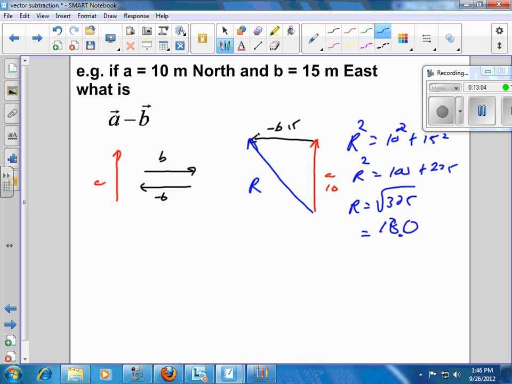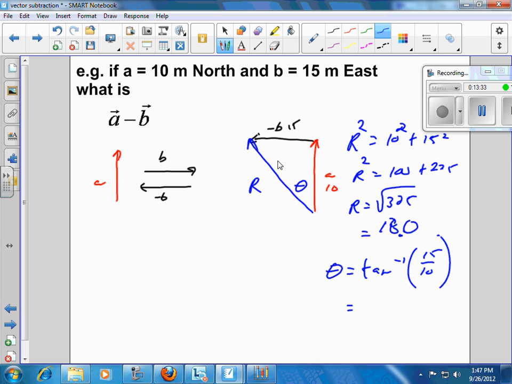So you need the direction. Where would I draw the theta? Would I draw it down at the bottom or would I draw it up at the top? The way you have it right now, right there. It's always where you start, right? Now it's a right triangle again, so I can use inverse tan. Opposite over adjacent, so 15 over 10. And you should get, what is it? 45 degrees?